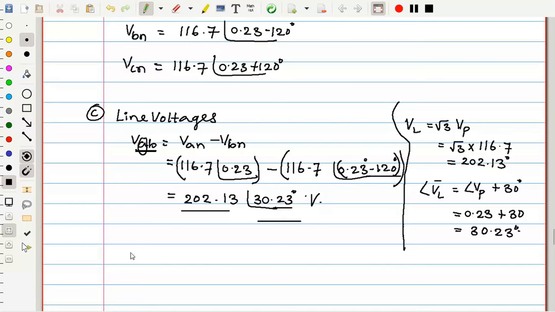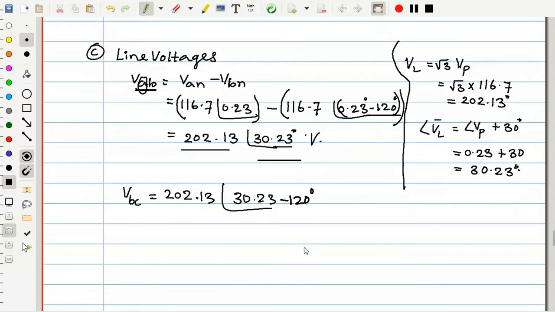Okay, then fine. Once we know one of the line voltages, we can write the remaining line voltages in a simple way. VBC is 202.13 at an angle of 30.23 minus 120, that is minus 120 degrees. Similarly, VCA is 202.13 at an angle of 30.23 minus 240 or plus 120, it's your wish.